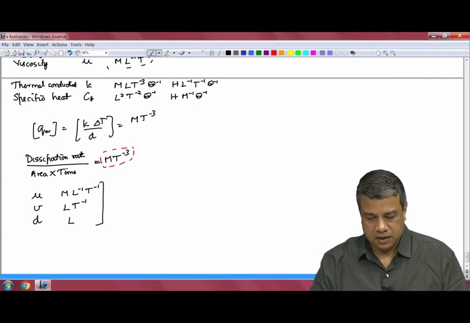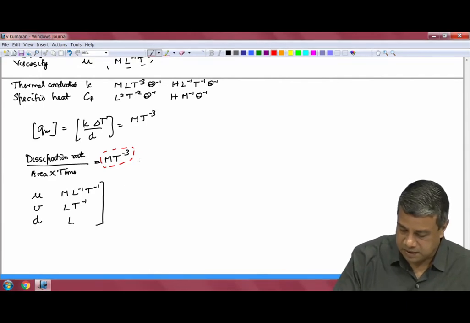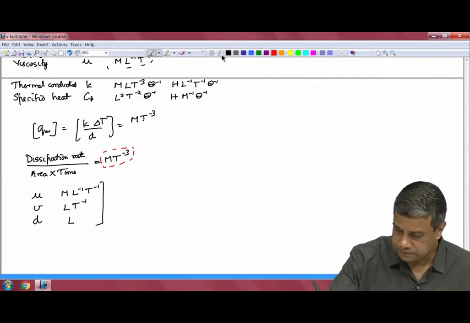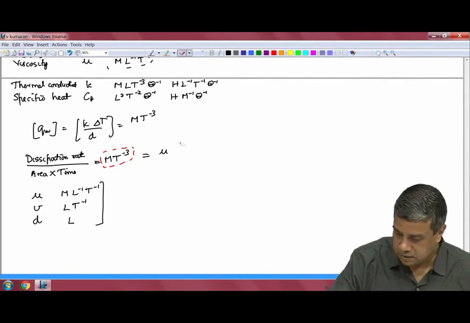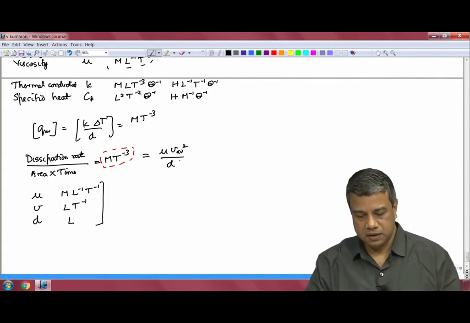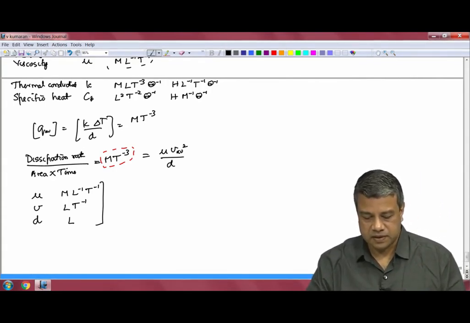You can easily see that this can be obtained if I write the combination as mu times V square by D. Mu has dimensions of m L inverse T inverse.